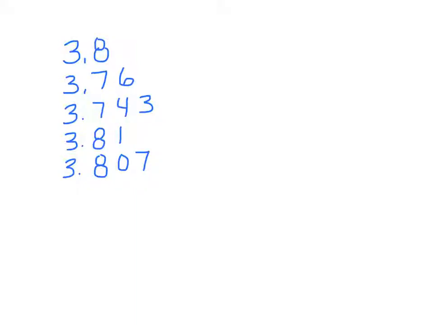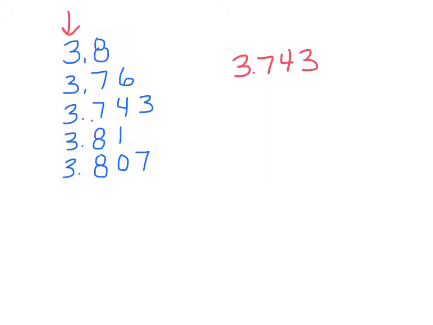Okay, hopefully you had a chance to put the numbers in order from least to greatest. As I take a look at all these numbers, the smallest number that is here is the 3.743. And the reason for that is because all of the numbers have the whole number of 3. So the next thing I'm going to do is I'm going to take a look at the tenths place.